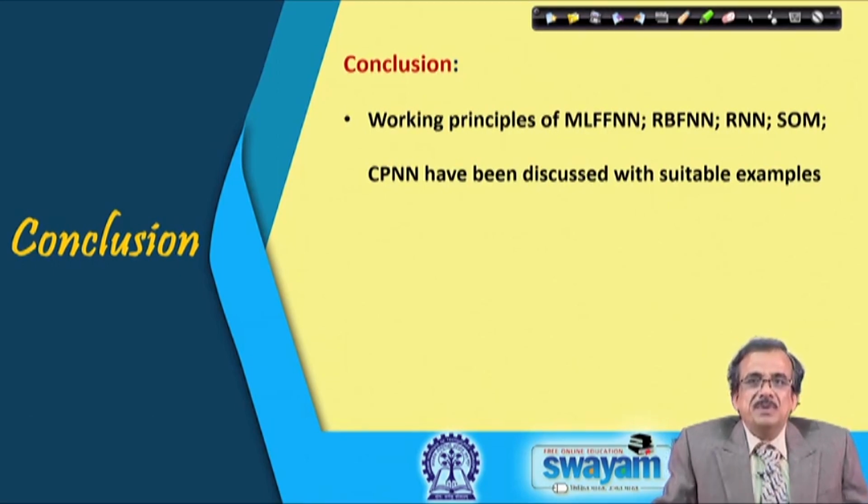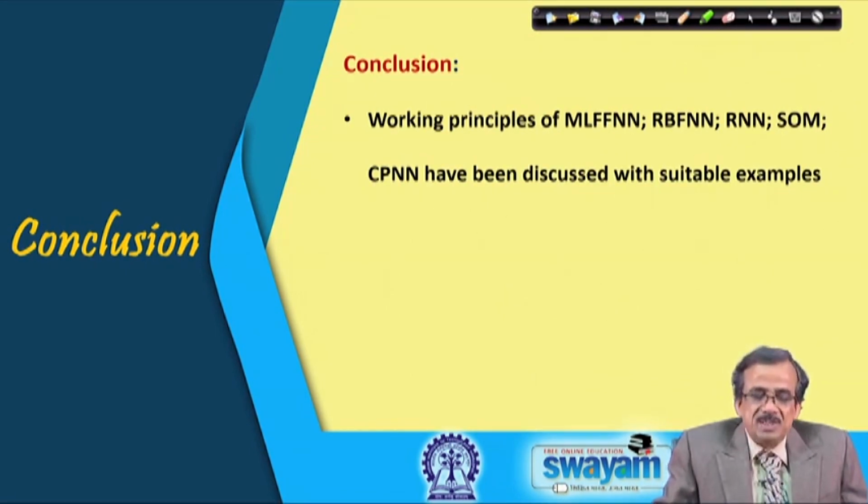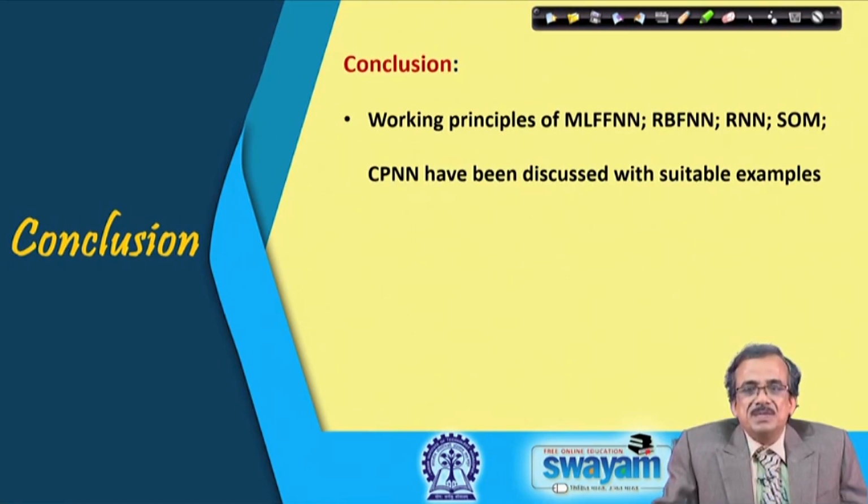Now, we have discussed different types of networks, and let me repeat once again that the purpose of designing different types of networks is to model the human brain in an artificial way. We have already discussed the principle of fuzzy logic and of neural networks, and we have seen how to evolve the fuzzy reasoning tool, fuzzy clustering tool and all such things.